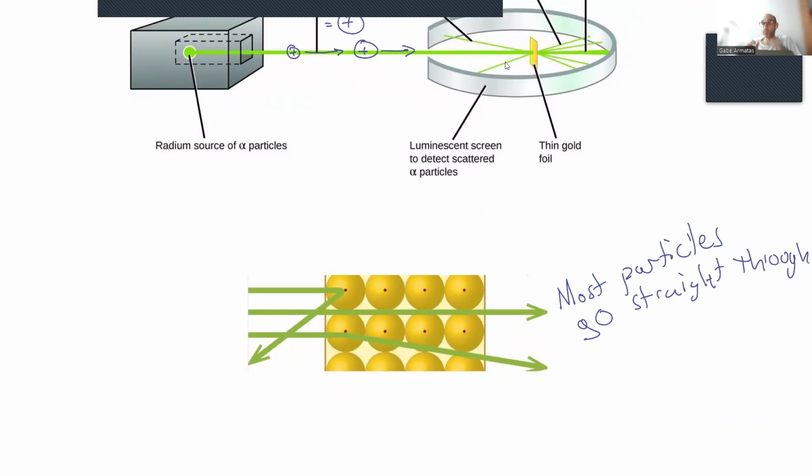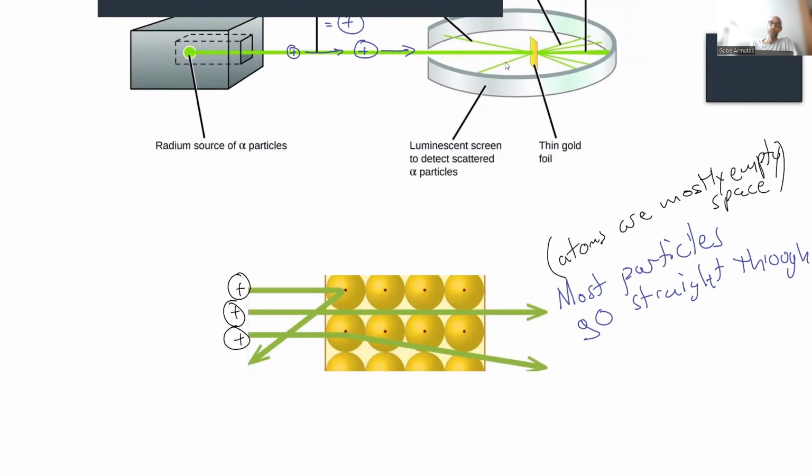So what this means is, when I say most of the particles go straight through, what we discovered by this is that atoms are mostly empty space. Okay, so they're mostly empty space, meaning there is nothing impeding the particles. Remember, these are alpha particles. Nothing is stopping these positive particles from going through. They're just going right through, and a majority of them go through.